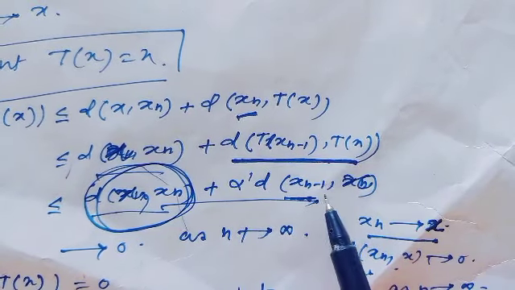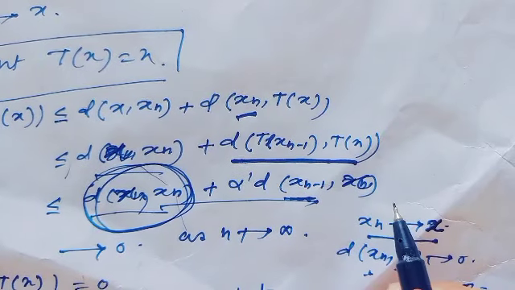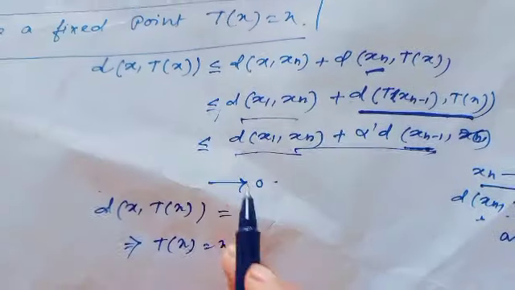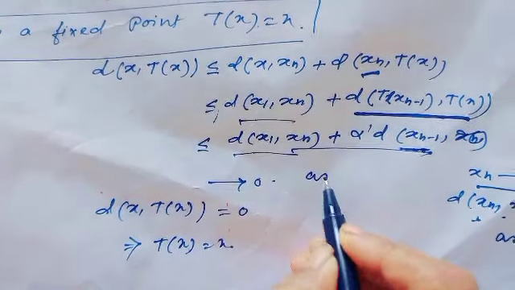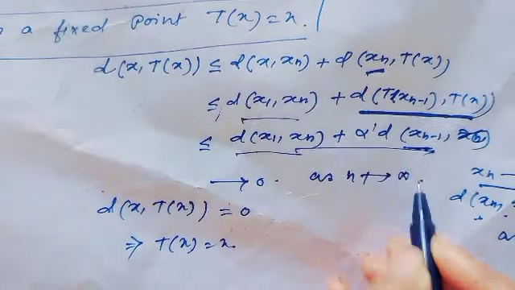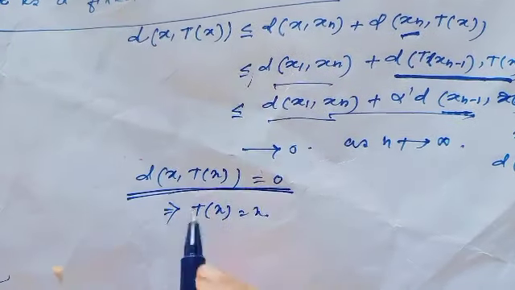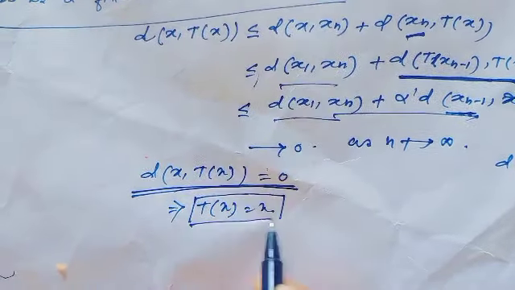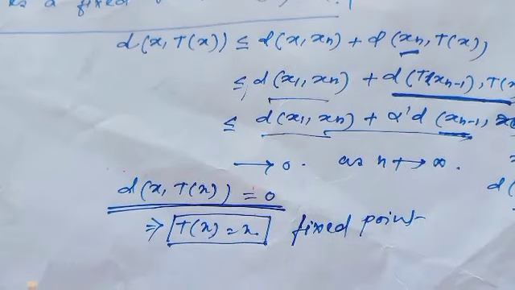Therefore this distance between xn minus 1 and x tends to 0 as n tends to infinity. Therefore the distance between x comma t of x tends to 0 as n tends to infinity. And since this distance equals 0, that implies t of x equal to x. Therefore this point x is actually a fixed point. I hope all my viewers have understood this proof.